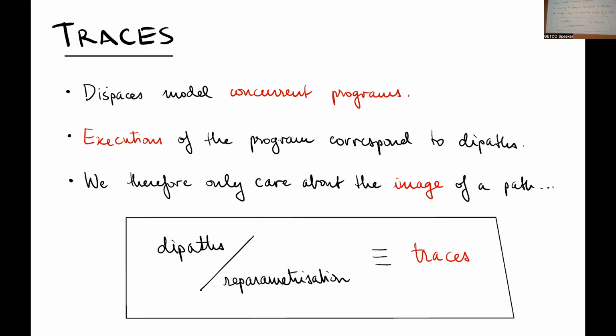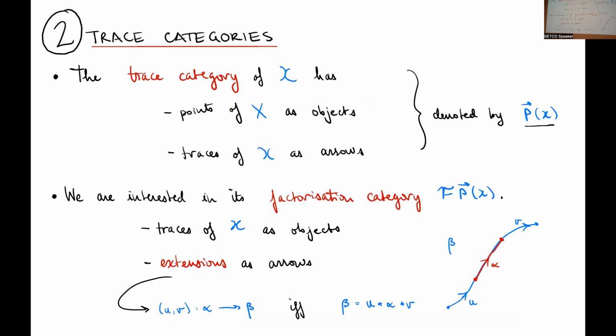And so we only care about where the path goes and not how fast we run through it. For this reason, we will quotient out our dipaths by reparameterization, so we're only looking at the image of the path. The equivalence classes under this quotient we call traces, and these will be the objects of our study.